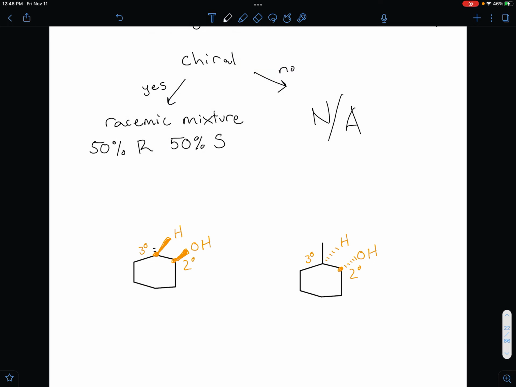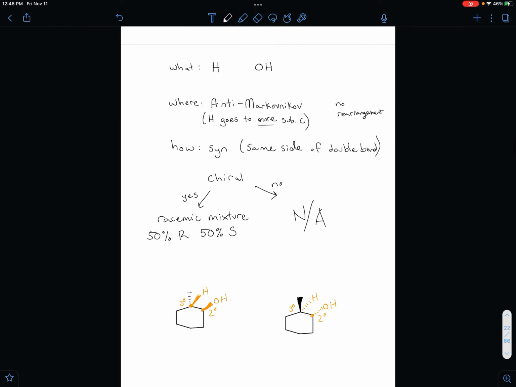And so I'll switch that methyl group so that it's going away. On the other hand, if the hydrogen is going away, then that means that this methyl group would be coming out at us to give us that tetrahedral shape, where you have two bonds in the plane, one coming out at you and one going away. So these would be completely acceptable structures. You'd get both of these as your product here.